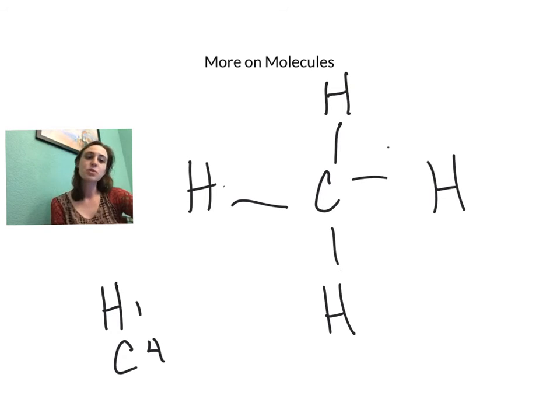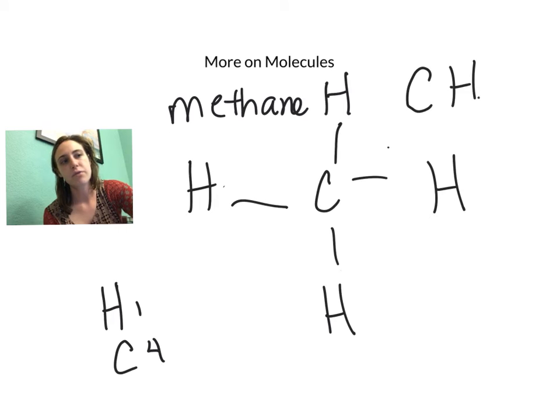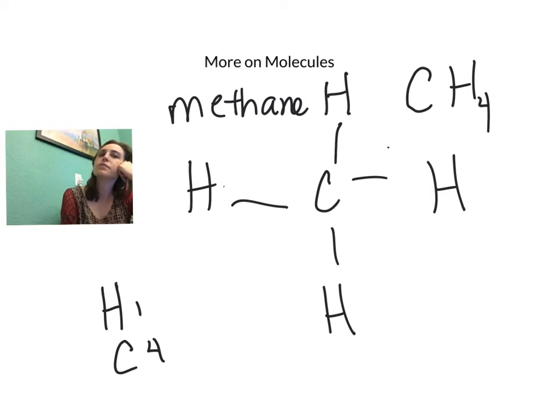Now, there's a way that you show this when you're writing molecules out that is shorter. So we call this methane. Let me write that. But we can also say what is going on here by doing this, CH4. You'll see this in your book, and we'll practice with this a little bit more.